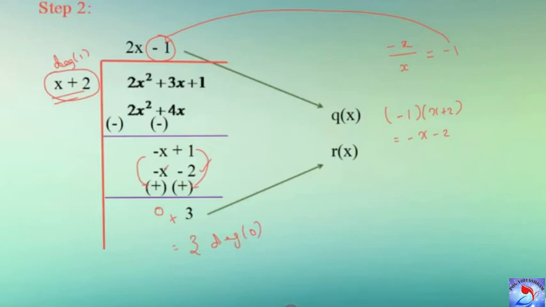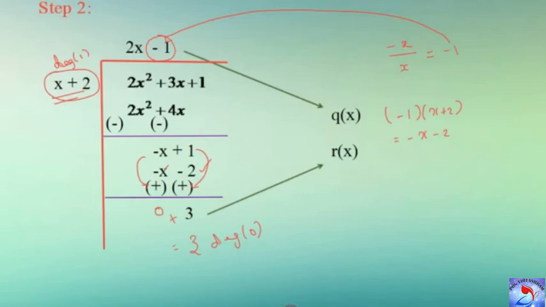So when the degree is less than this, you cannot proceed with your division. Your remainder should always have degree either equal to or more than your divisor. You can see the degree of the remainder is less than your divisor now. This is 1 and this is 0. So you cannot continue with your long division, and hence you stop your division procedure here.